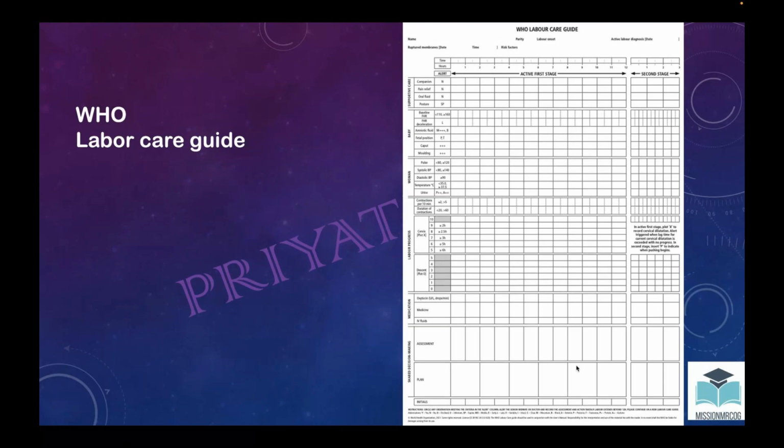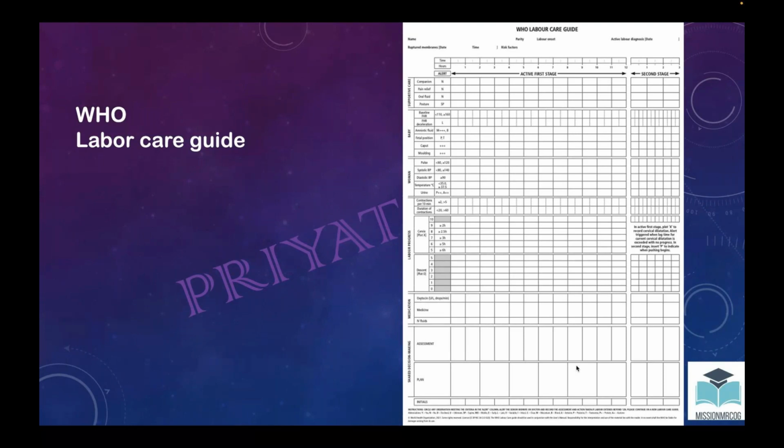So what we are doing is we are assessing the woman, putting her records on this care guide, and then seeing if it has crossed the threshold of alert or not, and then making a further plan of what we will do for this woman. Regarding the woman, in the same way we'll observe her pulse, BP, temperature, and urine for protein. And if any of the values comes in the alert line, we'll mark it.